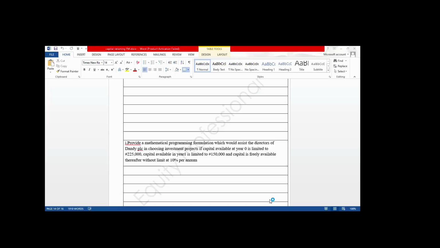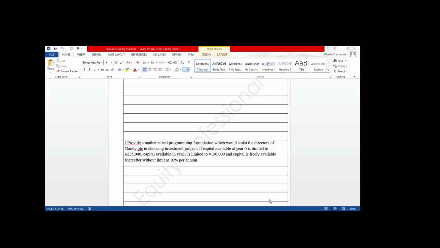Profitability index is calculated as your net present value divided by capital required in the year of rationing. So you calculate your profitability index.